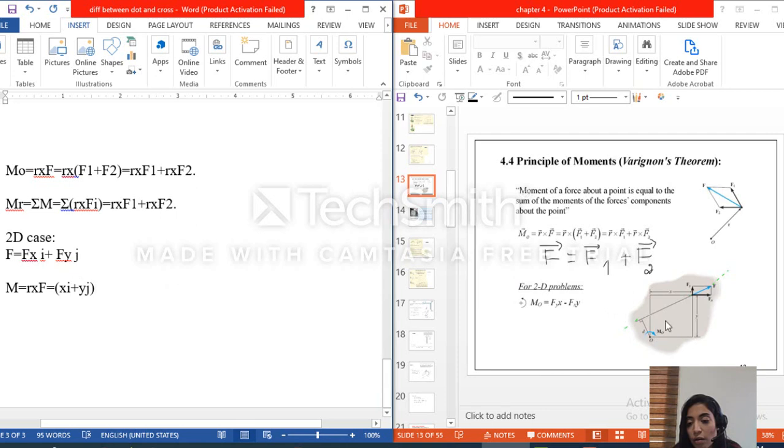So this is R. R has two coordinates, x and y, which means R vector is equal to x i plus y j, and here I'm only substituting R by this equation, and I will substitute F also by its equation.